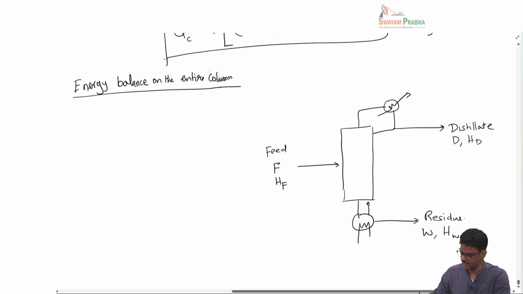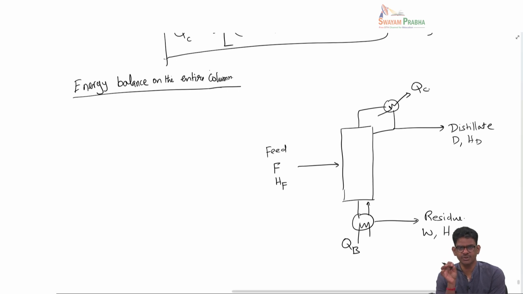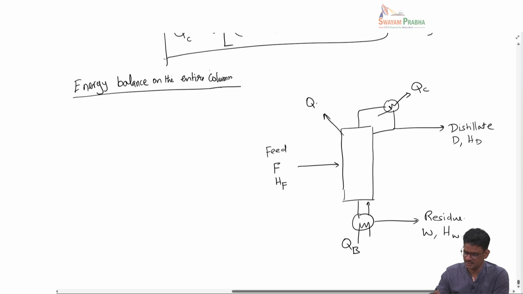So HW, yeah. So heat supplied to the reboiler is QB and the heat removed in the condenser is QC. So the entire column now is schematically shown here, paying attention to only things that are coming in and things that are going out. Heat loss also is there, yes. So we will say that is QL. This is heat loss.